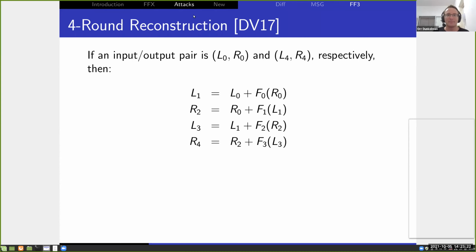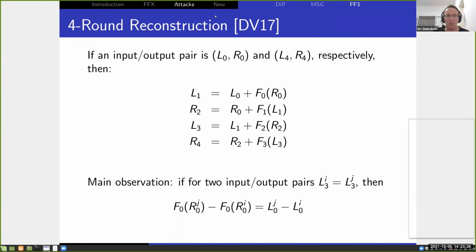And what we're looking for is cases where we have 2 plaintexts, 2 inputs, which share this value. Now, if they share this value, they share this value. F0 is the output of the first round function, F1 is the second round function, etc. So if these are the same between 2 plaintexts, these are going to be the same over 2 plaintexts.